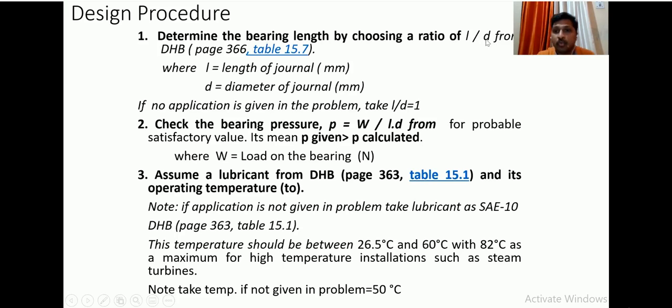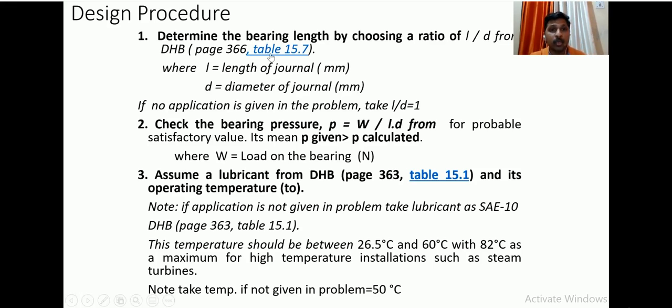To find this L by D ratio, we take the help of the design data book. If the application is known or given in the problem, then we can choose the L by D ratio for the particular application and purpose from our design data book, the Machine Design Data Book written by Reddy and Mahadevan.